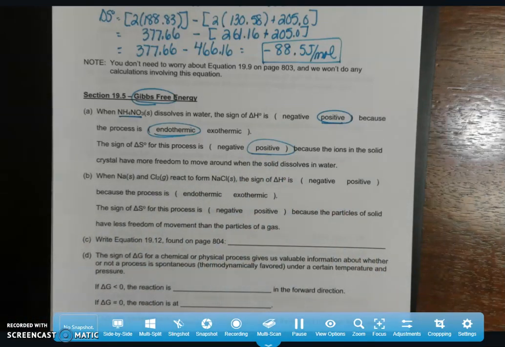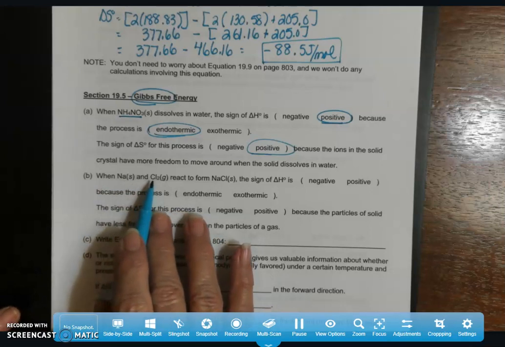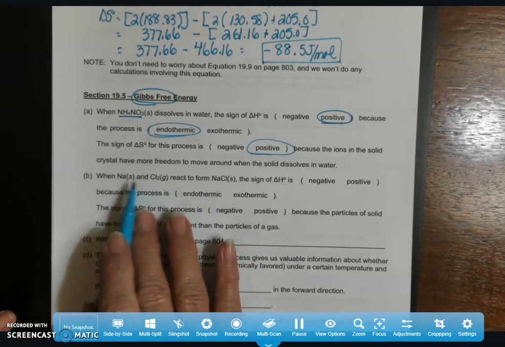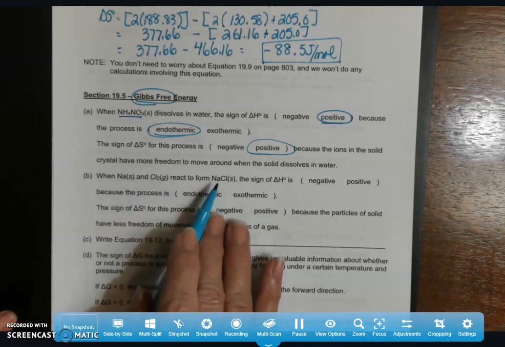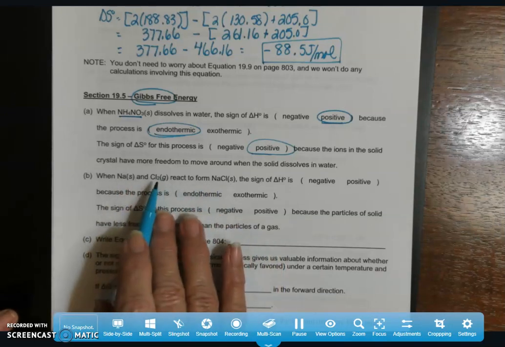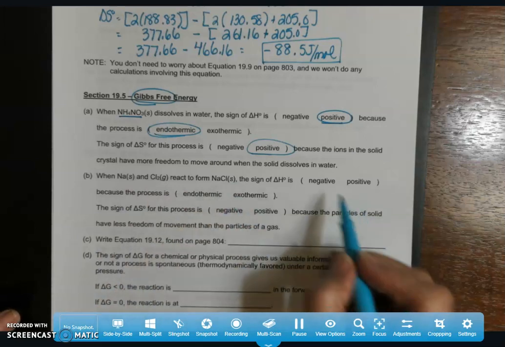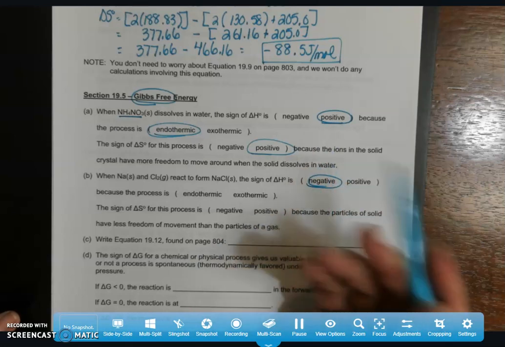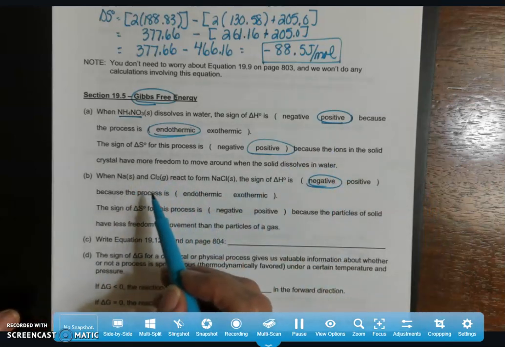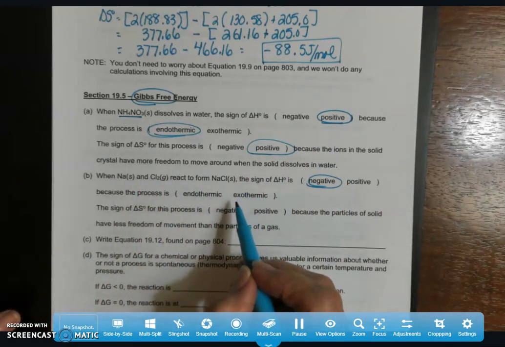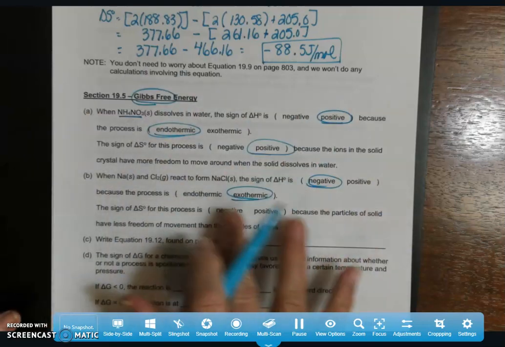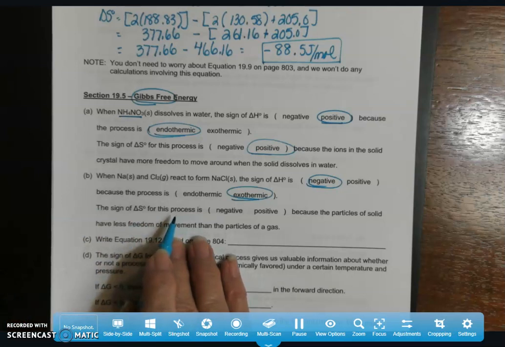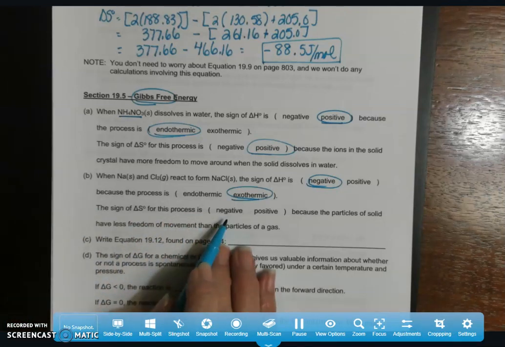Okay, now when sodium and chlorine react together to form solid sodium chloride, this is the reaction of the formation of sodium chloride from its elements. The sign of delta H is negative. This is not something that you would be expected to know; we would tell you this because the process is exothermic. This is just a summary of how this works. The sign for delta H for this process is negative.